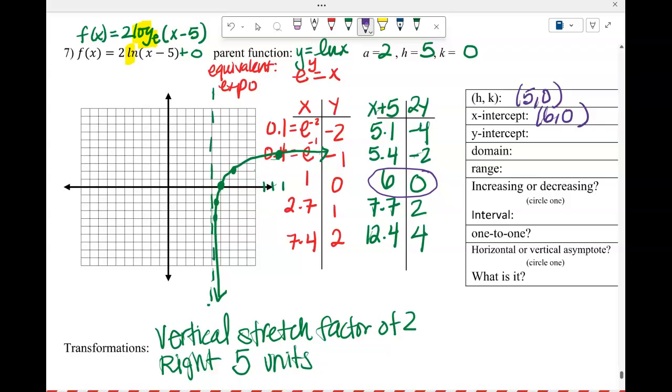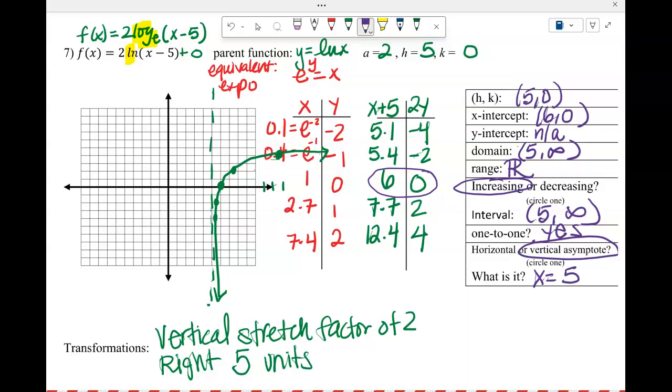There's no y-intercept because we are never going to touch the y-axis, so n/a. Domain is going to be from your asymptote, which is 5, all the way to the right, so infinity. Your range is all real numbers. It is definitely increasing over the entire domain here, guys, okay? Yes, it is a 1-to-1. Yes, we have a vertical asymptote, and what is it? It is x equal to the h, which is 5.